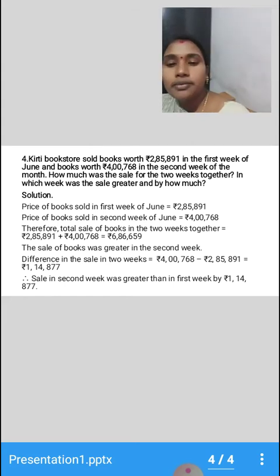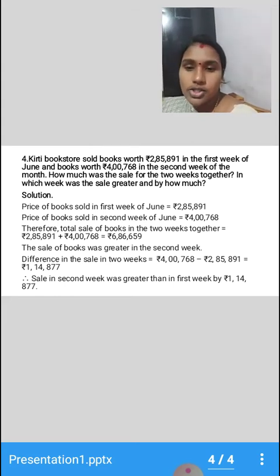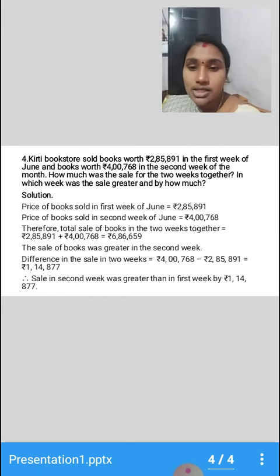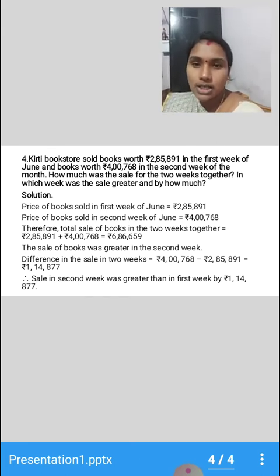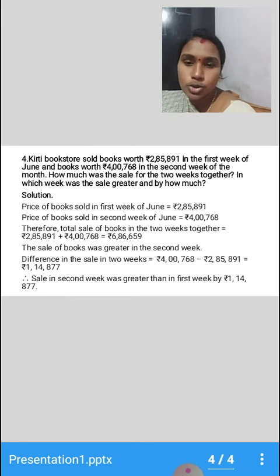So children, there are 3 questions asked here. Did you understand? So, in Kriti's bookstore, books sold in the first week are 2,85,891 and in the second week they are 4,768. So in the first question they are asking how much was the sale for the 2 weeks together.